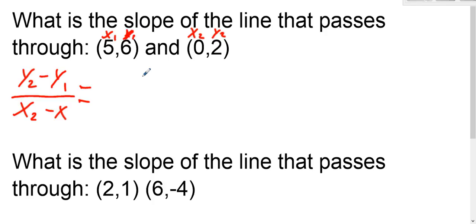I always call the first point x1, y1, the second point x2, y2. It doesn't actually matter. It'll work out the same if you had that reversed. And you do y2, which is 2, minus y1, which is 6, over x2, which is 0, minus x1, which is 5.